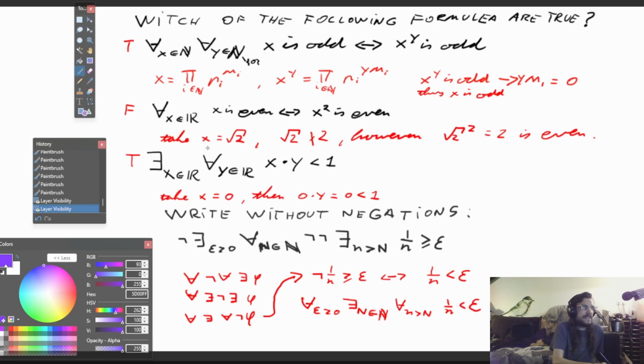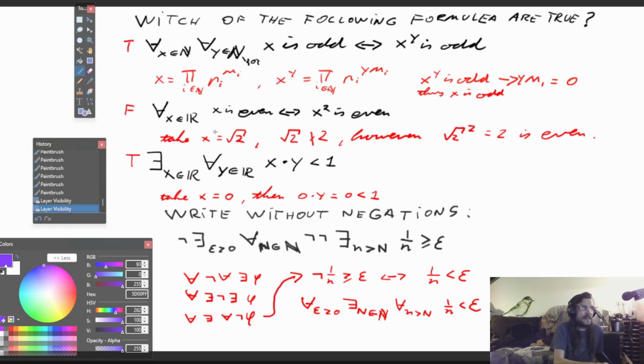So we take the counterexample of x being equal to the square root of 2, because the square root of 2 is not divisible by 2, so it's not even, though it's a bit weird to ask for a general number if it's even. It only works with natural numbers. So this is a bit of a stupid trick question, of course, but just to show how this works.